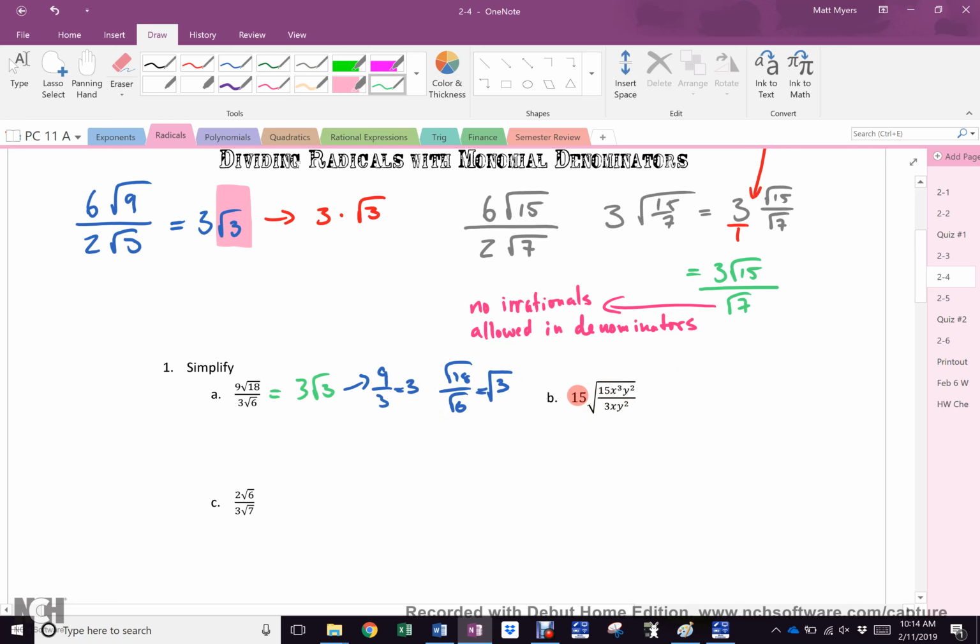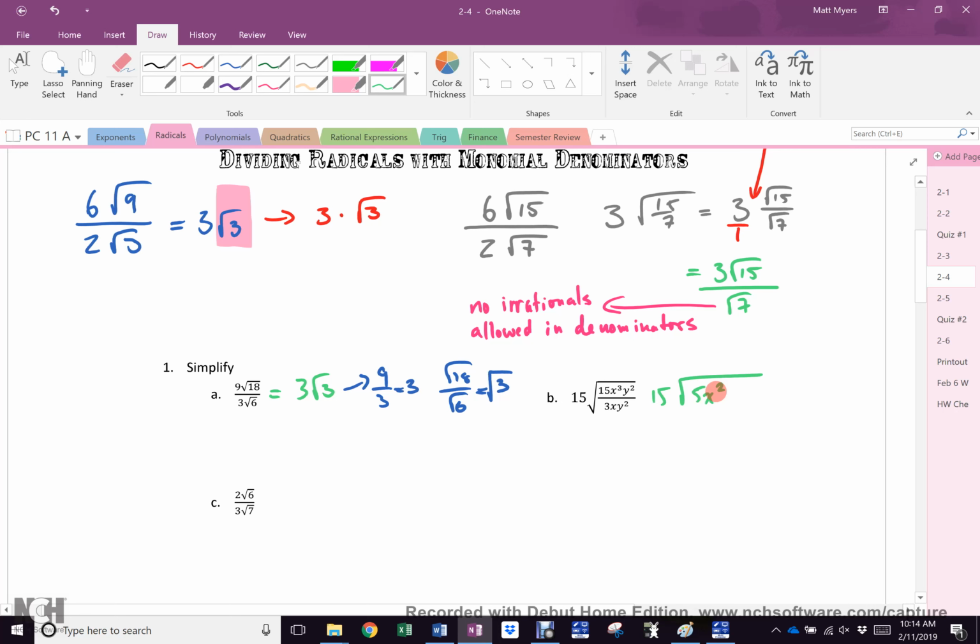Does the 15 have any business happening to it? So it stays the same. Root what? Five x squared. Is that it? Am I done under the radical sign? Yes.